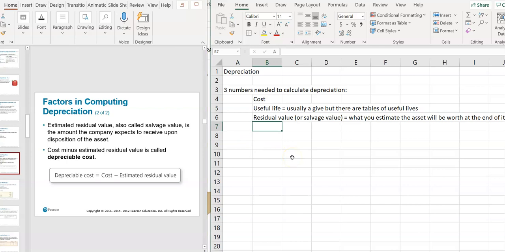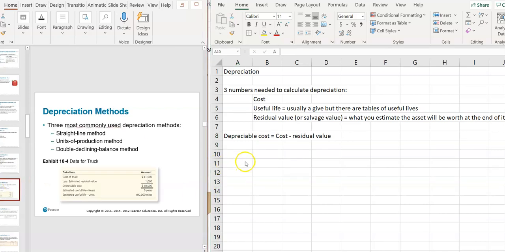All right, some of the depreciation methods are calculated based on what we call depreciable cost, which is cost minus residual. And once again, if I say salvage value, then it's the same thing as residual. We're going to be learning three methods.